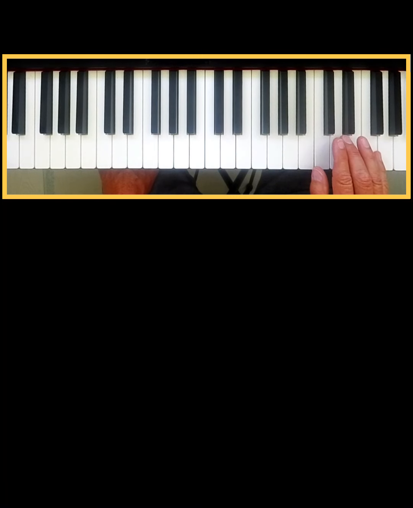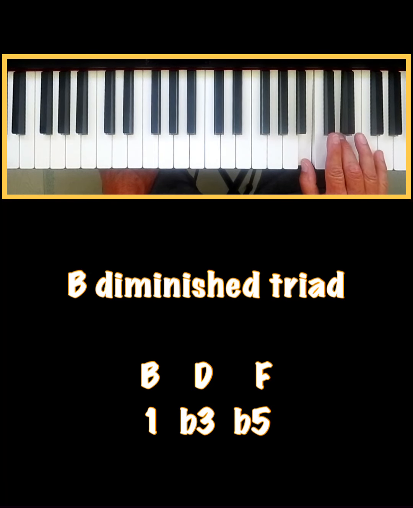Diminished chord is 1, flat 3. Now we're going to lower the fifth note of the B major scale a half step to F natural. 1, flat 3, flat 5.